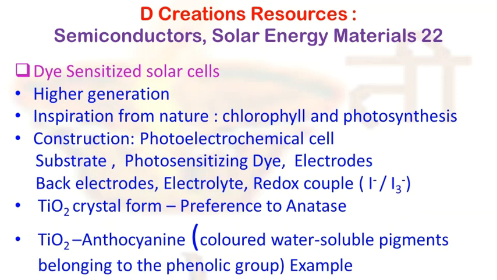Now this transfer of photo-excited electron from dye to conduction band of TiO2 results in the flow of current through the nanocrystalline TiO2 film to the charge collecting electrode, such as ITO, FTO, TCO based photoanode, and then passes to the external circuit.